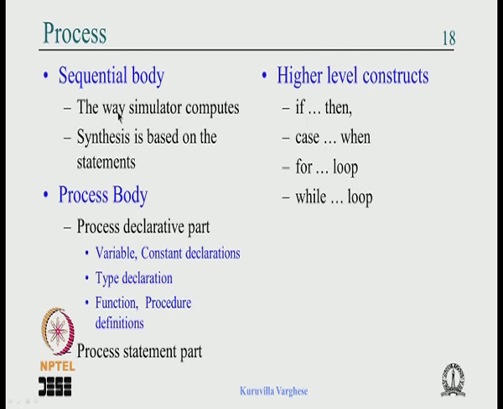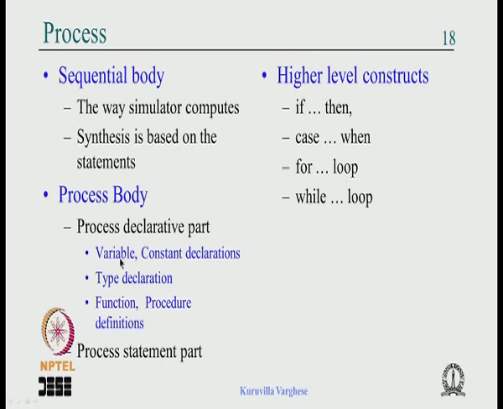Process is a sequential body, and when I say sequential body, it's the way the simulator computes: when an event happens, it goes from top to bottom once. The synthesis tool is based on whatever behavior you state within the statement region. There is nothing like top to bottom sequential execution and things like that. And as I said, the process body has two parts, one before the begin, one after the begin.